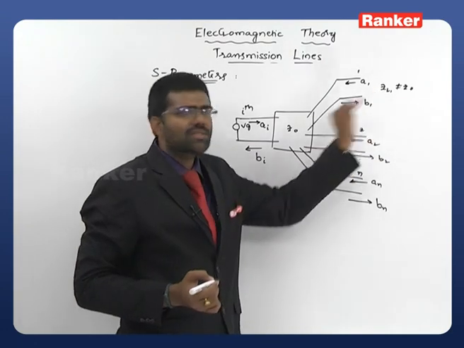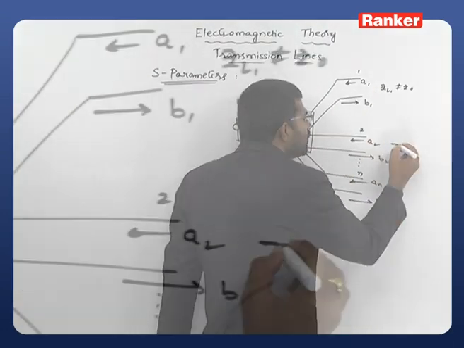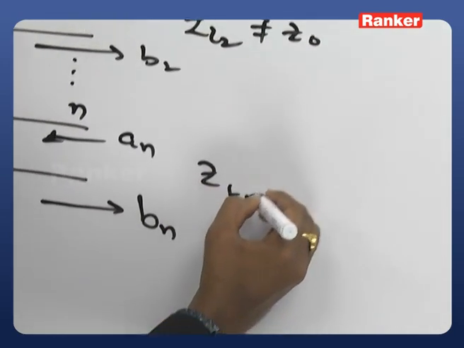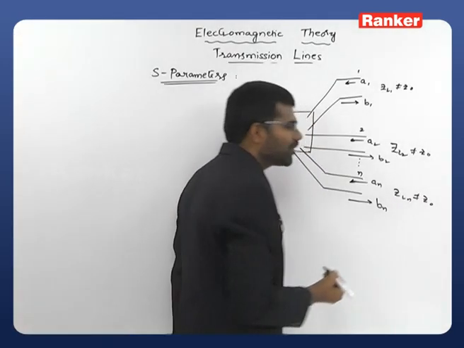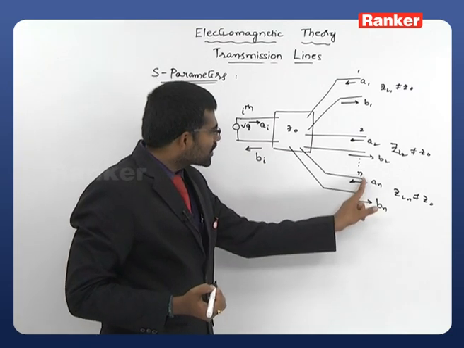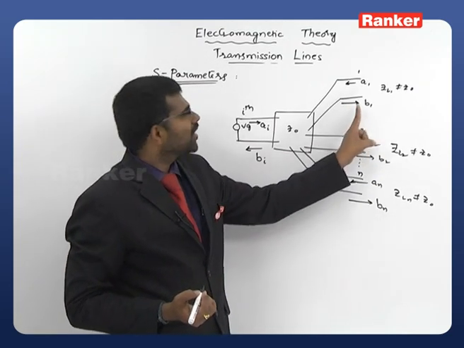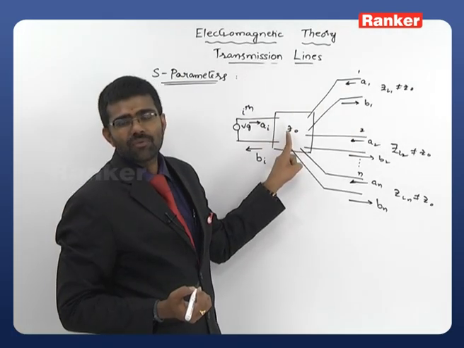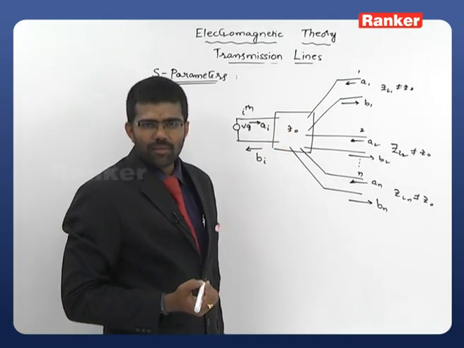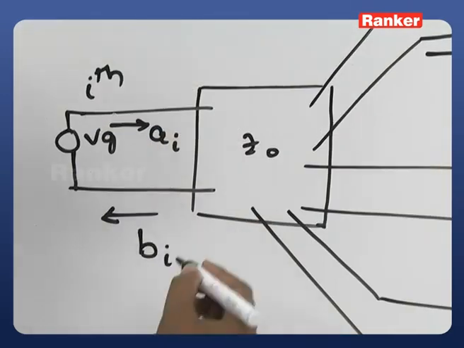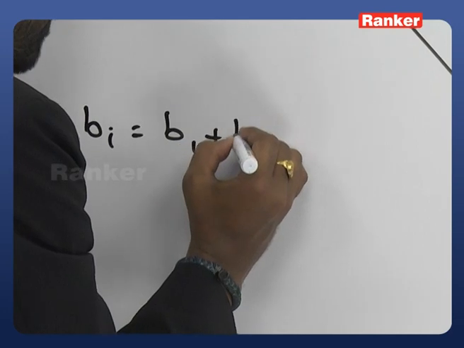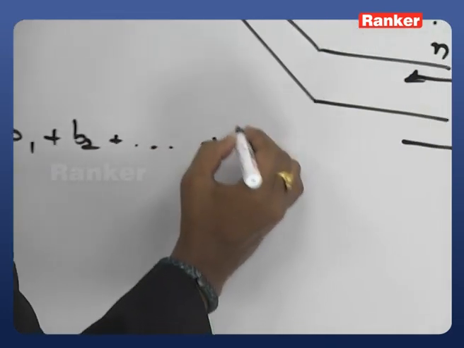Here also, if ZL2 is not equal to Z0, reflection will be there. If ZLN is not equal to Z0, definitely reflection will be there. When the load connected at the end of our ports is not equal to the characteristic impedance, this reflection is considered for the calculation of Bi. So a simple linear equation can be written like this: Bi equals B1 plus B2 up to plus Bn.